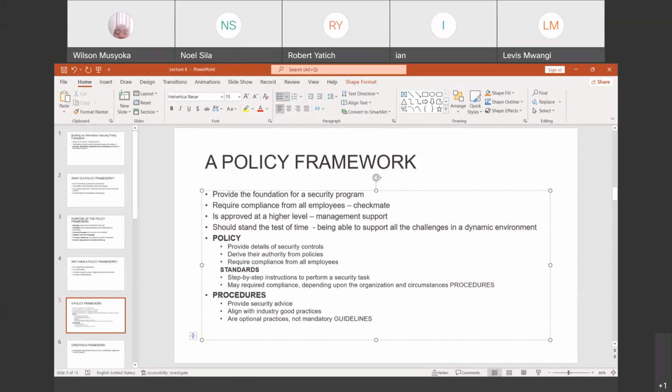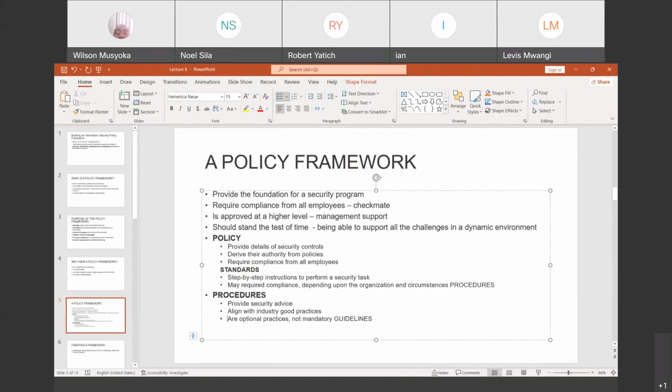When we are talking about procedures, a procedure is going to provide security advice, or it is going to guide a user in the process of implementing the security feature they are looking for. It's also going to help in aligning with industry good practices.